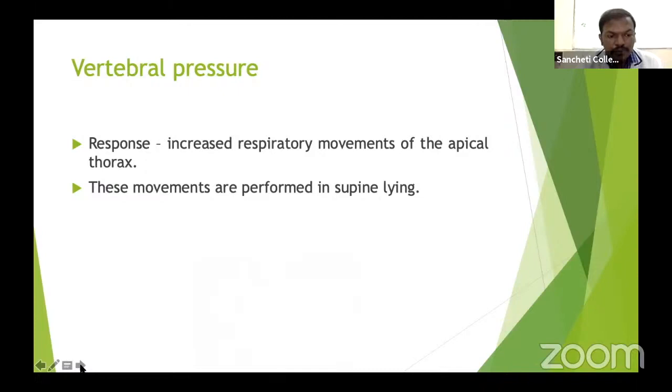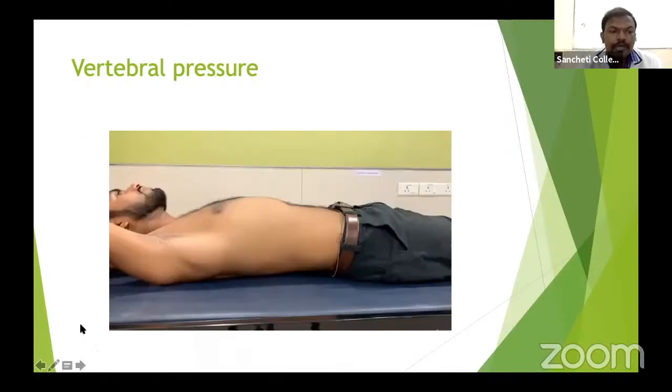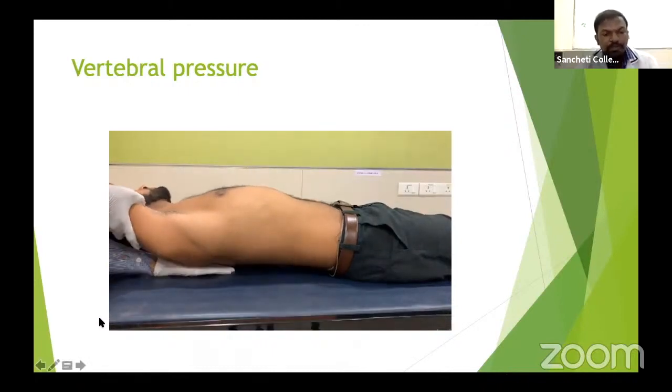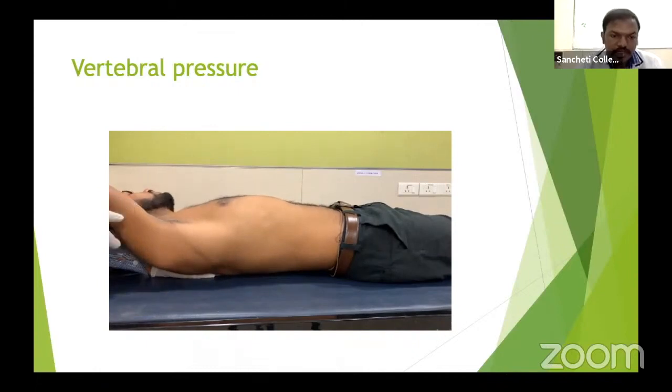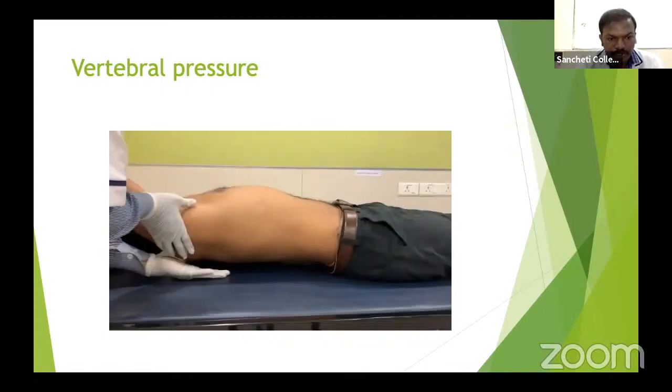Now we are going to see how we can give this vertebral pressure technique to the patient. Firstly, the patient is in supine lying position. Here, ask the patient to slightly take his chest up, or you can take the patient manually to the side, put your hand on the vertebra and make the patient supine.